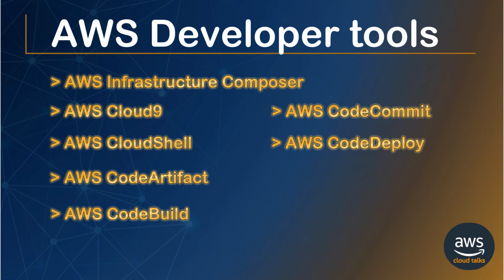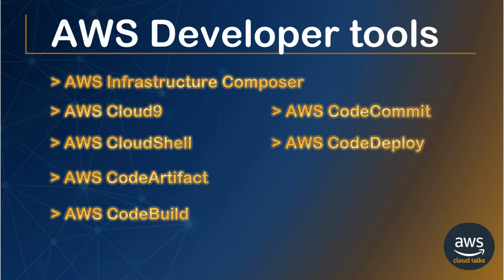AWS CodeDeploy. AWS CodeDeploy automates code deployments to any instance, including EC2 instances and instances running on premises. You can rapidly release new features, avoid downtime during application deployment, and handle the complexity of updating applications.